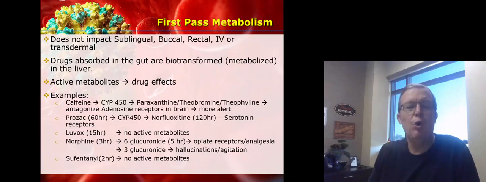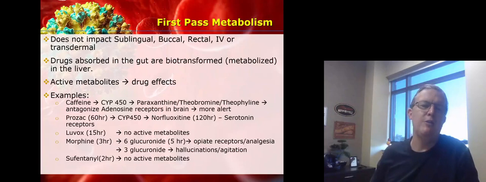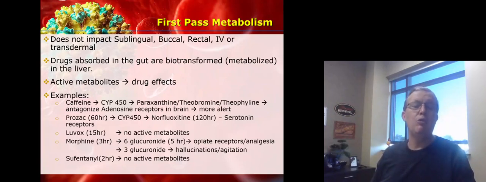Now, sufentanil, or you may have heard it called fentanyl, which is the trade name. Sufentanil is the chemical name, has a 2-hour half-life, but also has no active metabolites. What that means is when you give fentanyl, you have an effect and you have a time frame that you know that drug is going to have an effect on this individual.